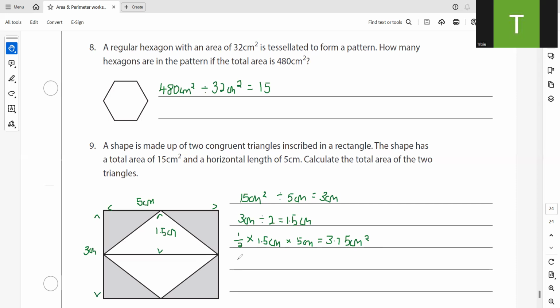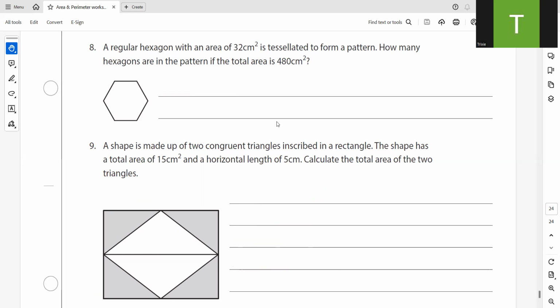Then there are two triangles, so times 2: 3.75 cm squared times 2, and we'll get 7.5 cm squared. And so the total area of these two triangles is 7.5 cm squared.